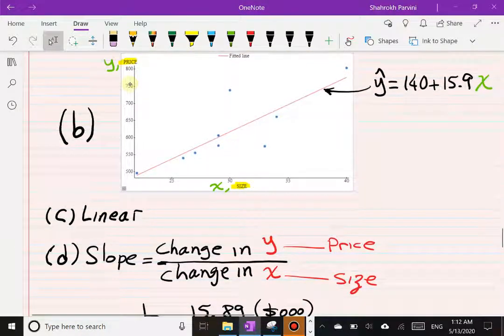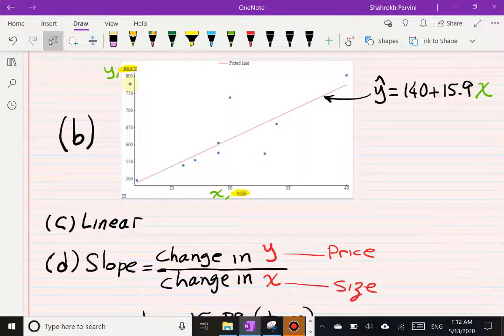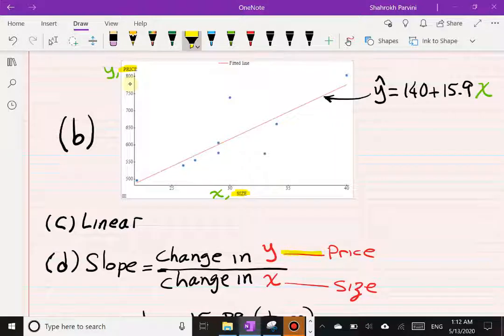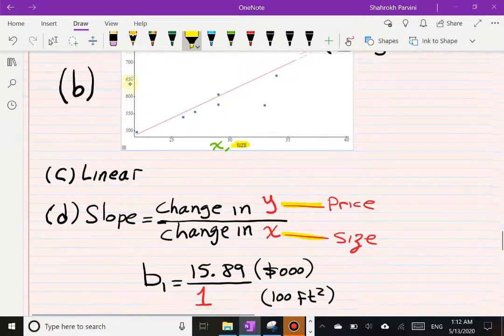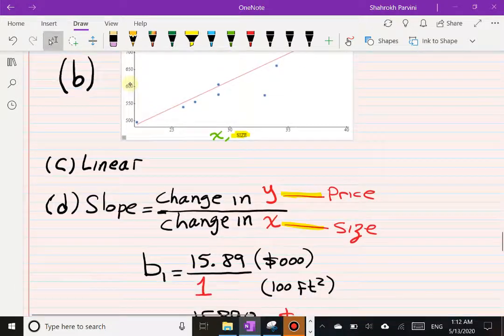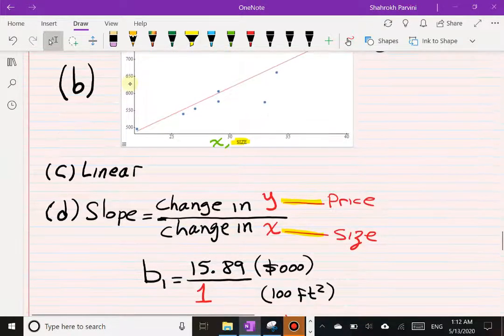Now, I'm going through some detailed work on the slope, which will help us interpret it. Remember, the more general form of a slope is the change in y over change in x, right? In this exercise, y is the price and x is the size of the house, right? And the number from the output was 15.89.